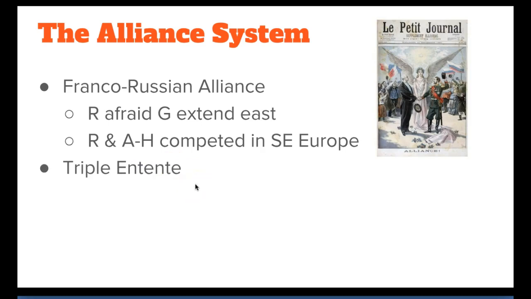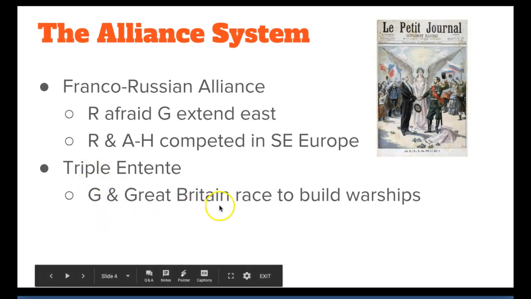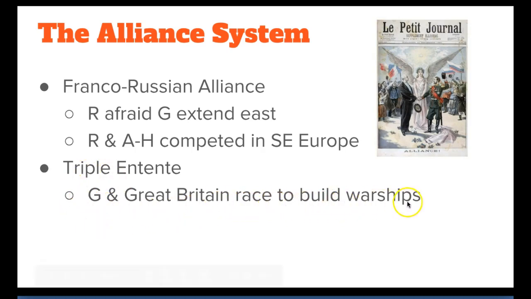Okay, more groups forming, the Triple Entente. Before we get into who's part of this club, you want to know that Germany and Great Britain are in this race to build warships. So not only were they competing in the game of imperialism, if you will, they are competing in this naval war.